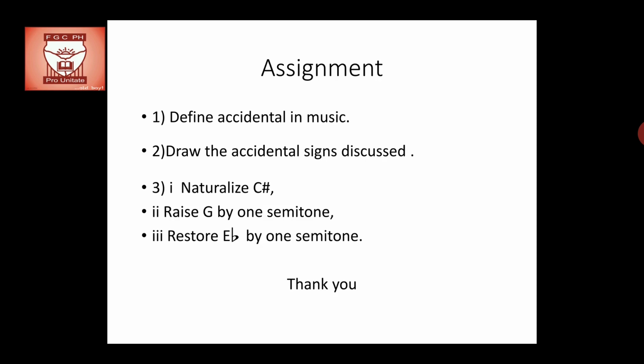Restore it back to its original position with a natural sign. B. You have natural G on the second line of the treble staff. Raise it by 1 semitone. C. You have B, letter B, on the third line of the treble staff. Lower it by 1 semitone.